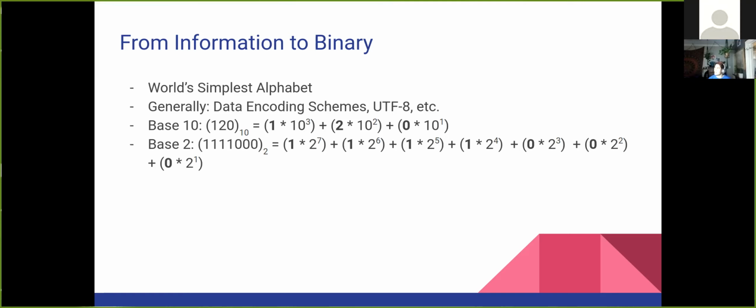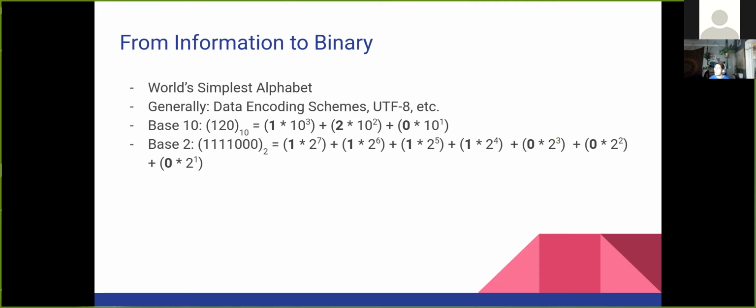This gives us a standardized way of moving information from what is easily accessible to us to something easily accessible to computers, right?